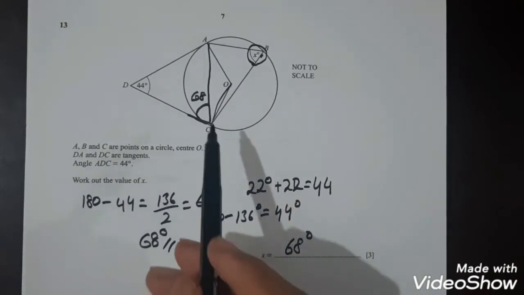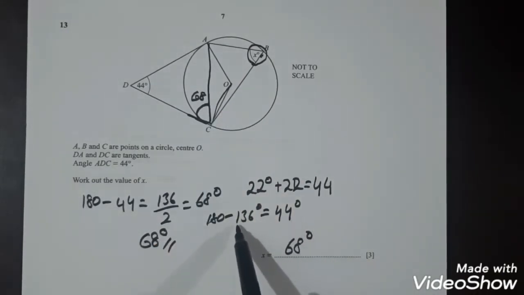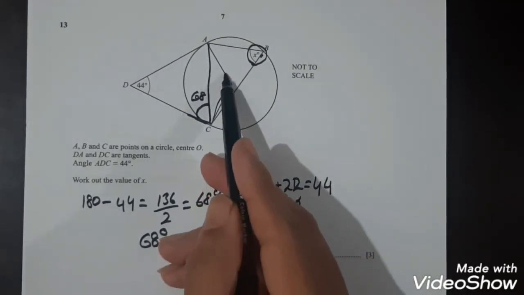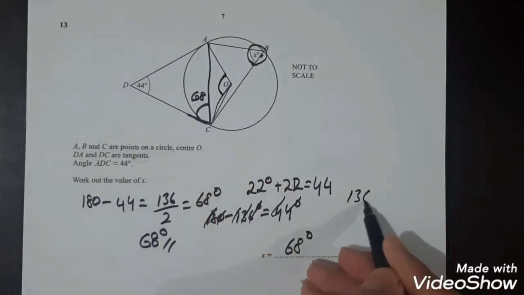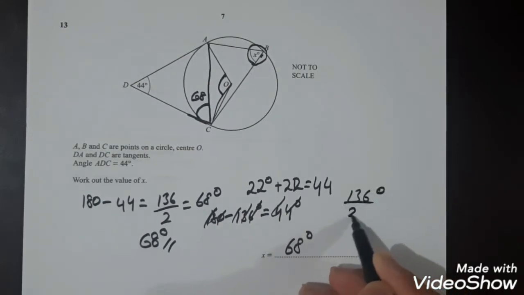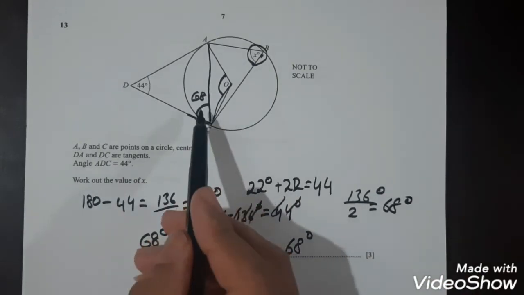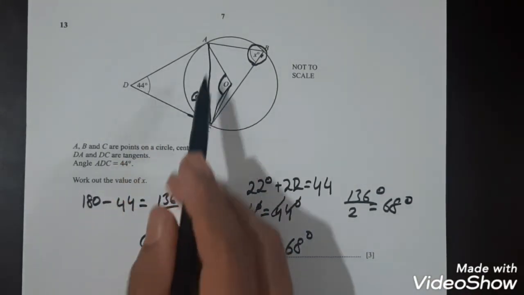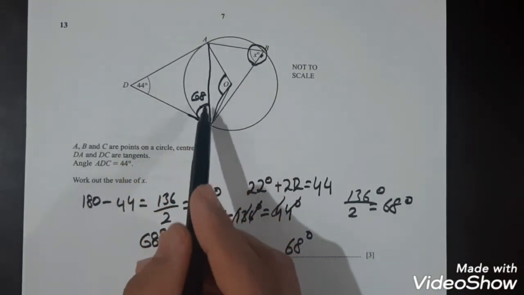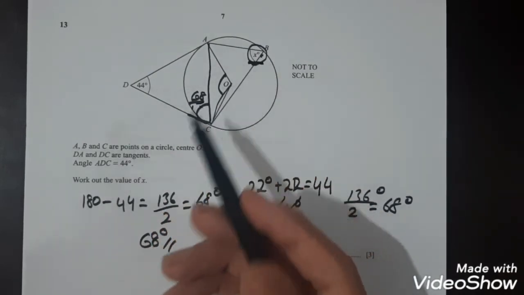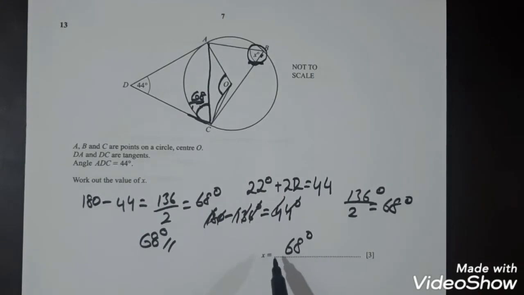So the value of angle O is 136 degrees. If we divide this by 2, this will also be 68 degrees. So in a simple way, if we calculate DCA as 68 degrees, then this value will be the same as angle B. So this is how we will calculate the answer for this question.